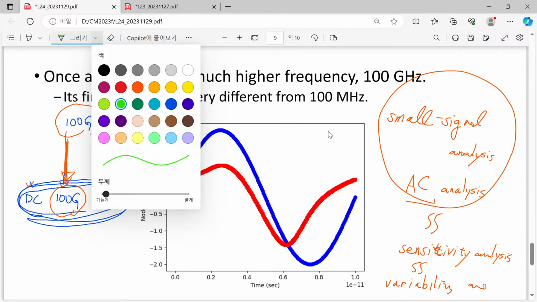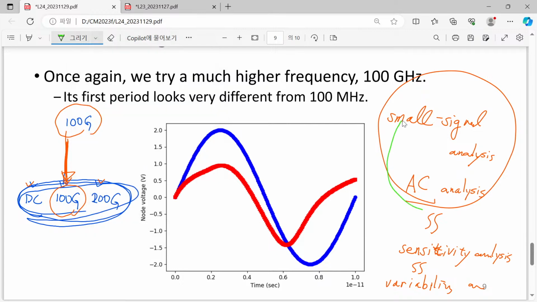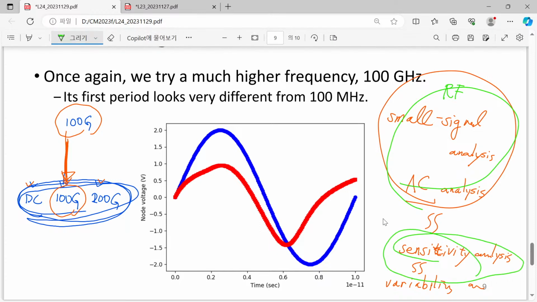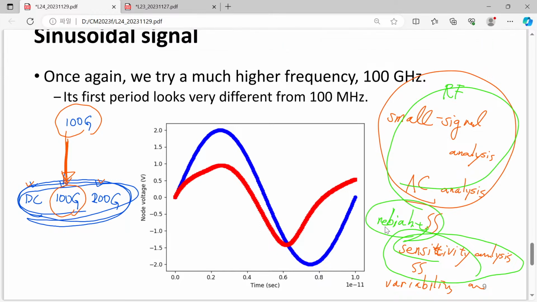However, to engineers, this kind of thing is quite important, for example, to an RF engineer. This is their job. And sensitivity analysis or variability analysis is related with the reliability of our transistors. That is critically important for foundry service or any kind of integrated circuit.